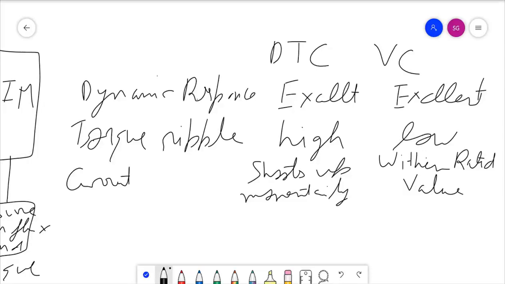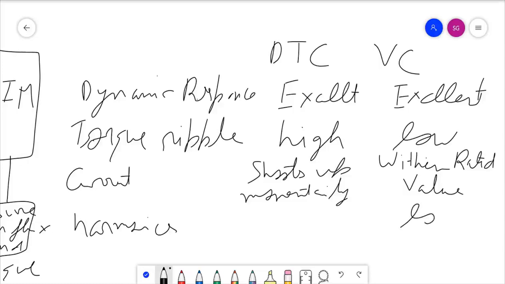Now the current distortion harmonics. If we need to see in which control method the harmonics are less, it is less in vector control because we directly control the current itself.